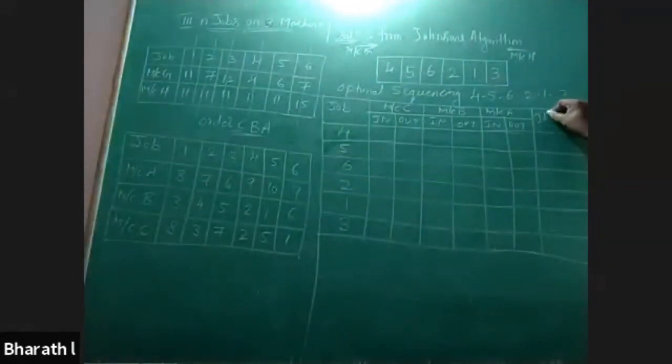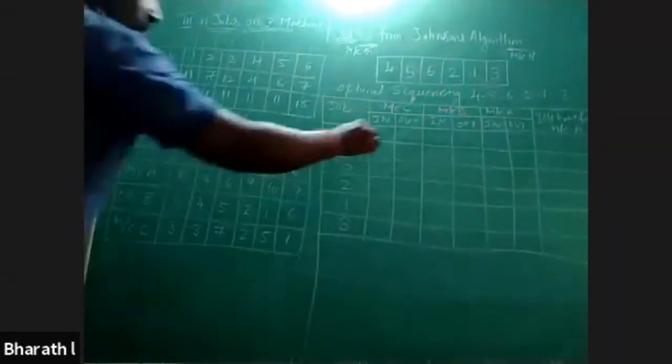It is idle time for the last machine. In this problem, the last machine is machine A. Then we will fill up the table. In time is 0.